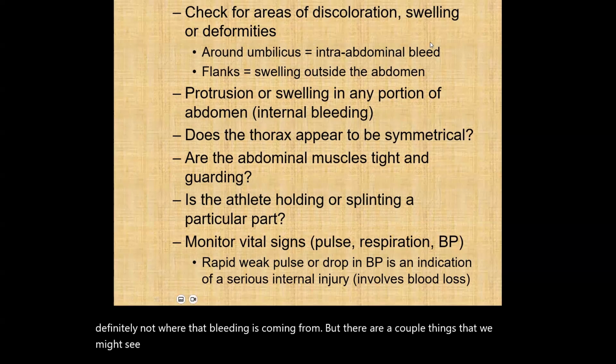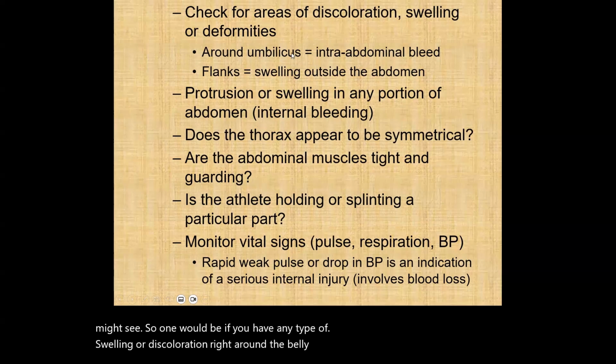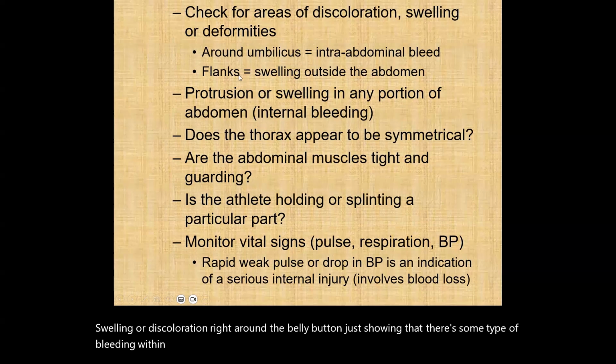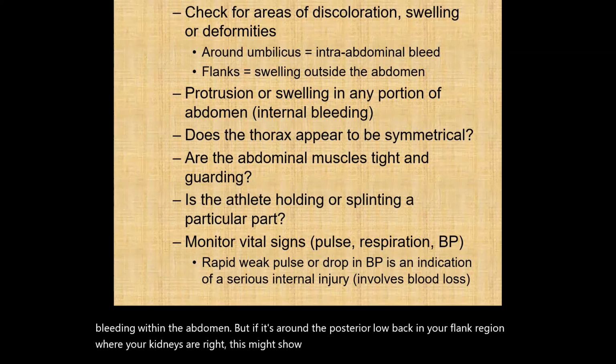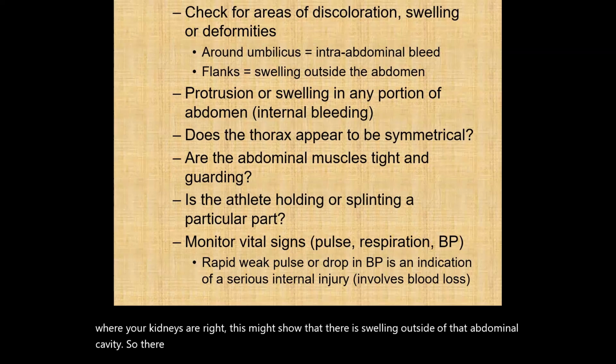One would be swelling or discoloration right around the belly button, showing some type of bleeding within the abdomen. But if it's around the posterior low back in your flank region where your kidneys are, this might show swelling outside of the abdominal cavity. So there are some separations internally within the body.